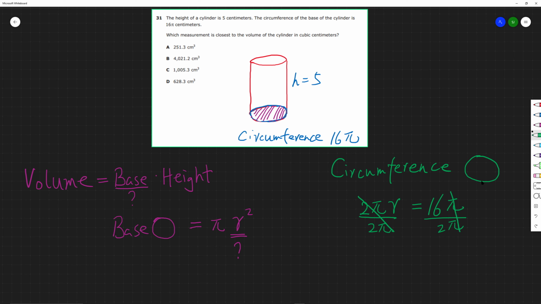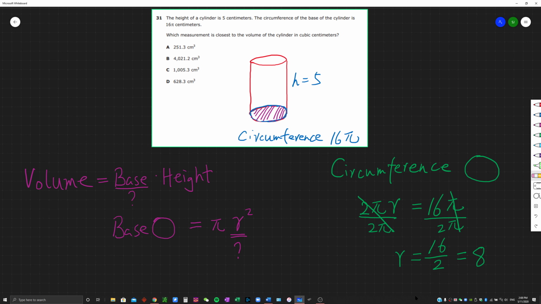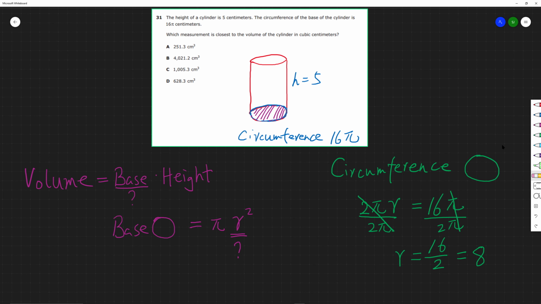So we have the radius left on this side, and on this side 16 divided by 2, which is 8. So we use the formula of circumference, and we found out, hey, the radius is 8.